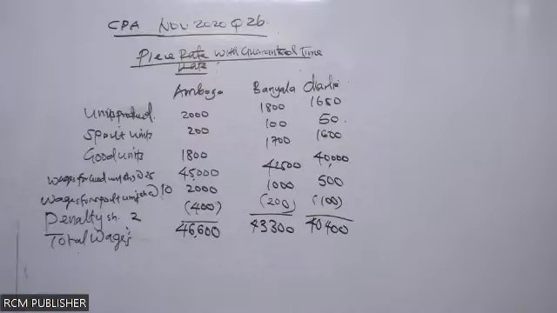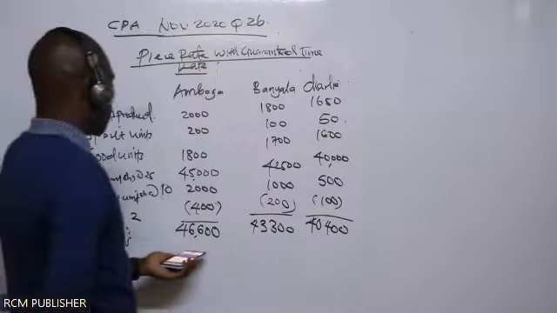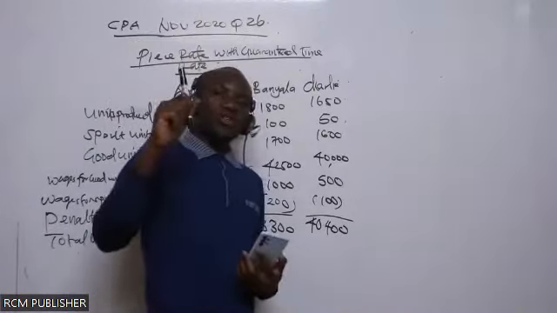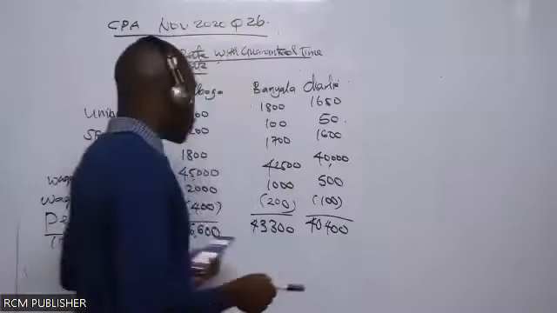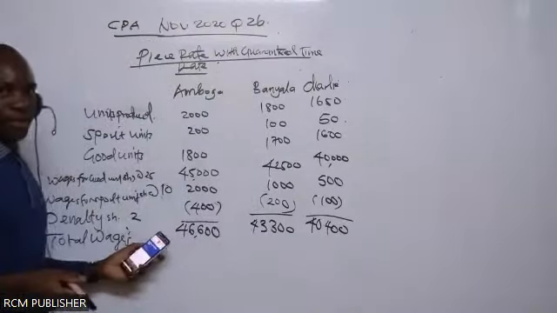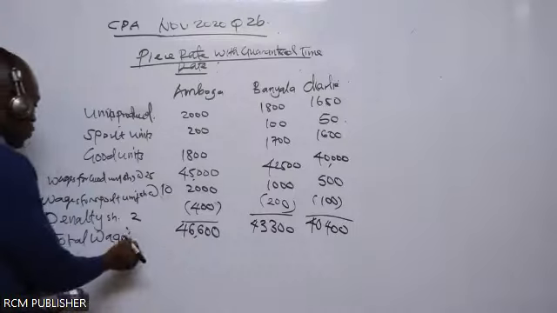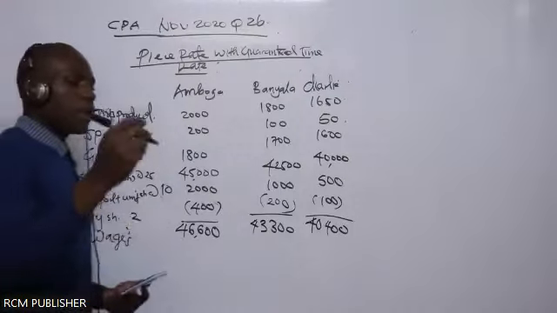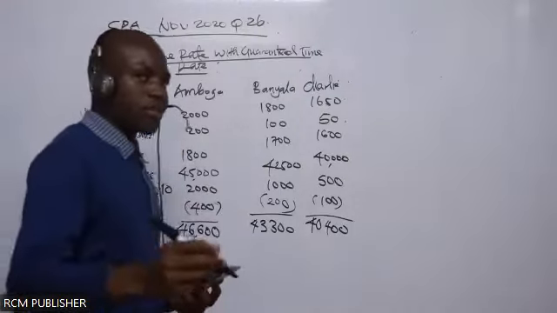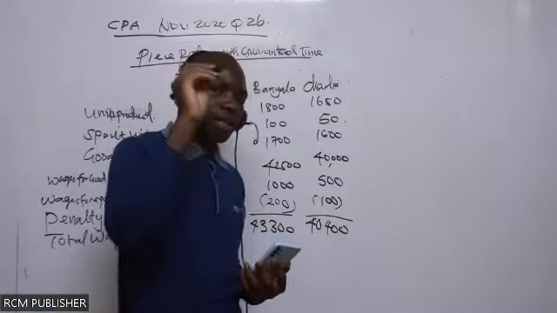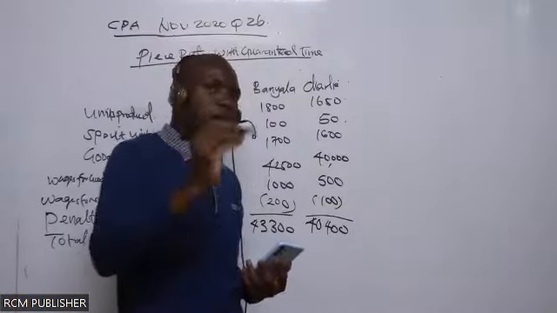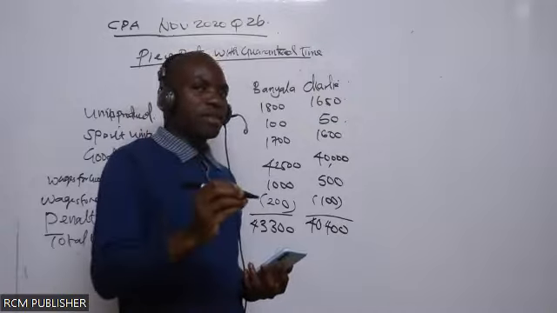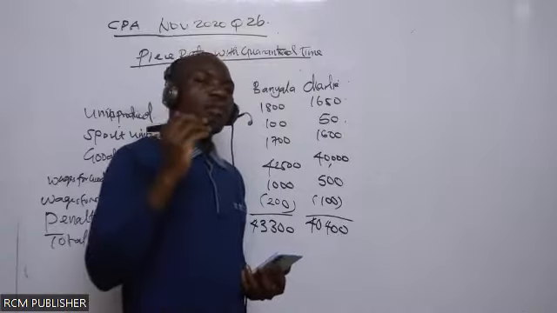So the minimum wage that is guaranteed of 8,000 is only going to be given to someone whose total wages is less than 8,000. If the wages that you're supposed to receive down here is less than 8,000, then automatically the company will give you 8,000, not that actual wage. The minimum guaranteed wage for each month is 8,000.